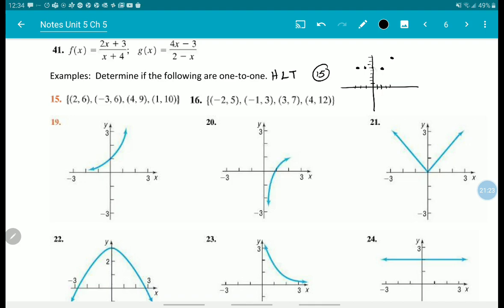And then at 1, 10. And this is 6 there. So you can see right off the bat there's an issue here. And the reason is that y value is going to 2 different x values. So this guy's definitely not one-to-one. Now, it does pass the vertical line test, so it is a function. But because it's not one-to-one, it does not have an inverse.